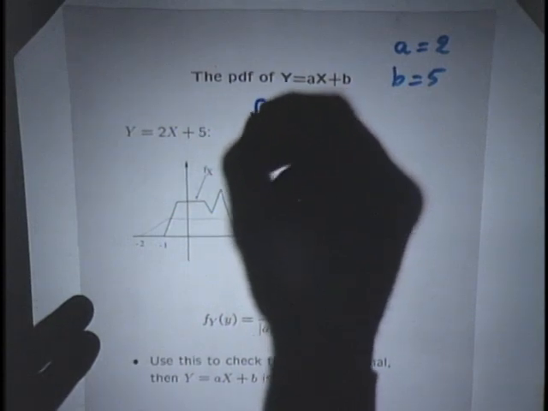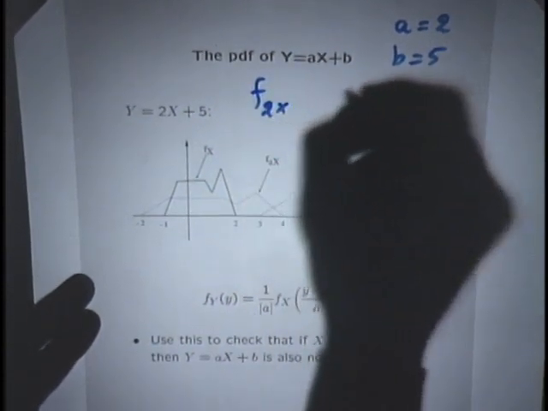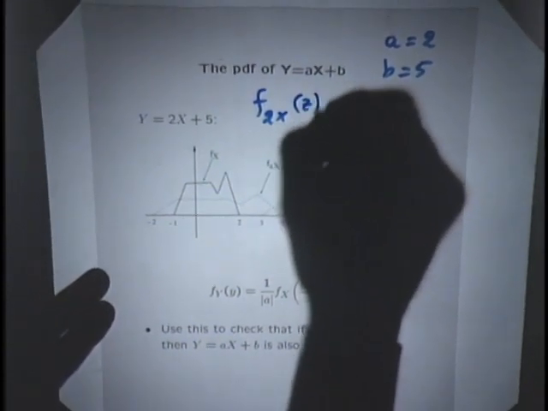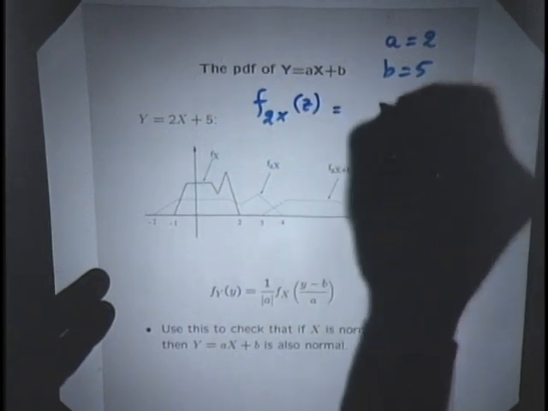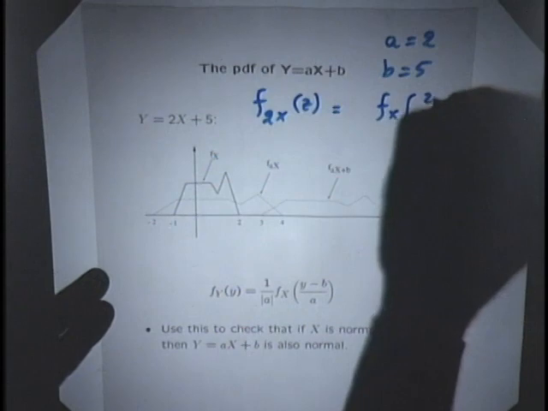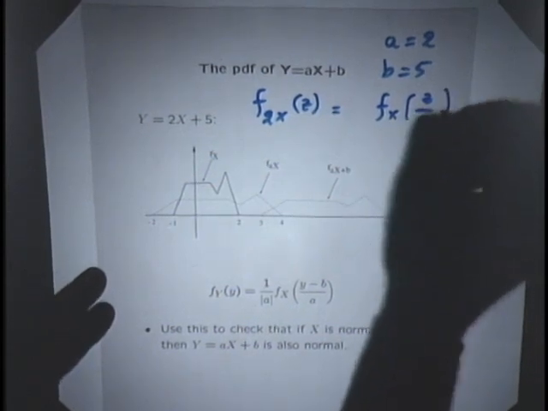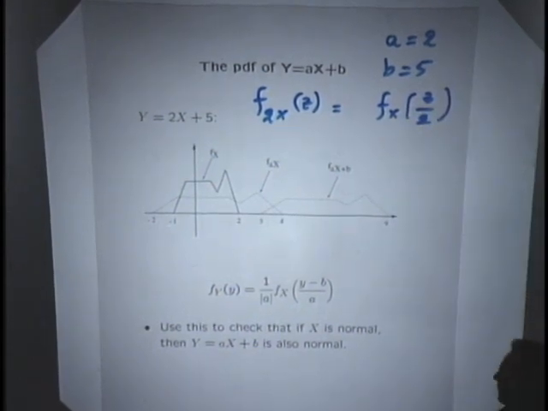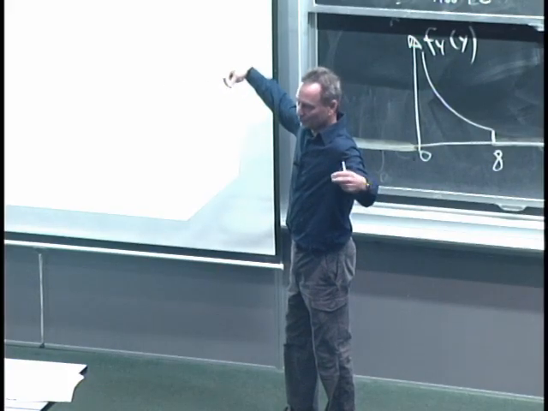So the distribution of 2x as a function, let's say, of a generic argument z, is going to be the distribution of x, but scaled by a factor of 2. So taking a function and replacing its argument by the argument over 2, what it does is it stretches it by a factor of 2.